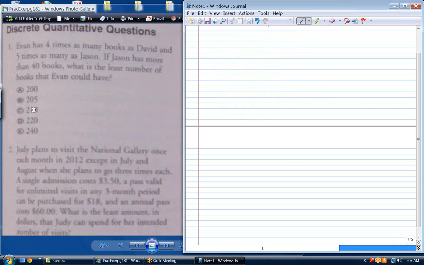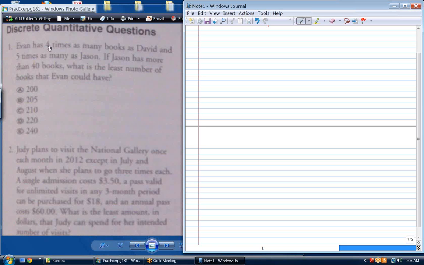So I know it can't be 210. And the moment I find 220, that's divisible by 4. It's also divisible by 5 because any number ending in a 0 or a 5 is divisible by 5. So that's got to be it.